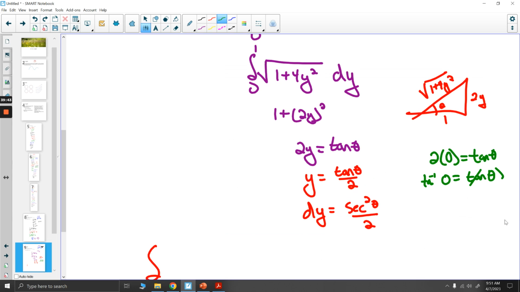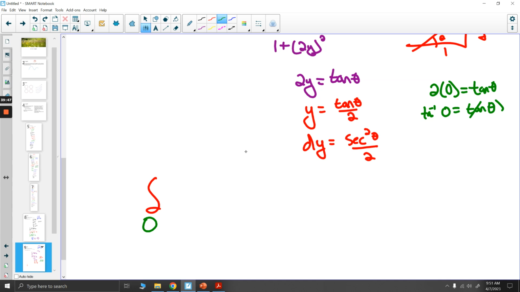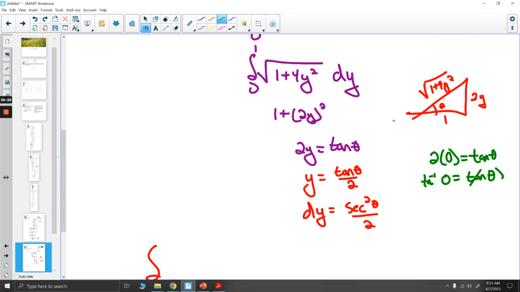We kind of knew that one. So this would then be 0 in terms of theta. And then we need to do the same thing for 1. So we'd have 2 times 1 is tangent theta. And so that would be tangent inverse of 2 is theta.